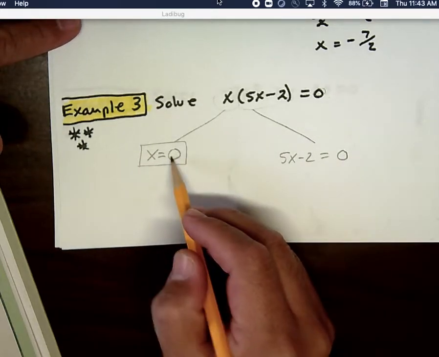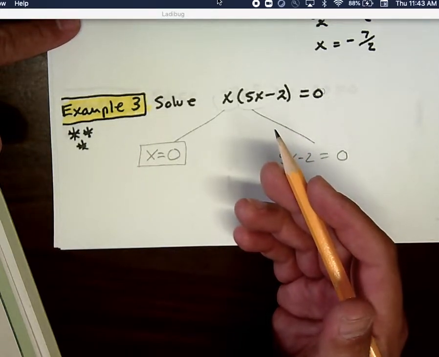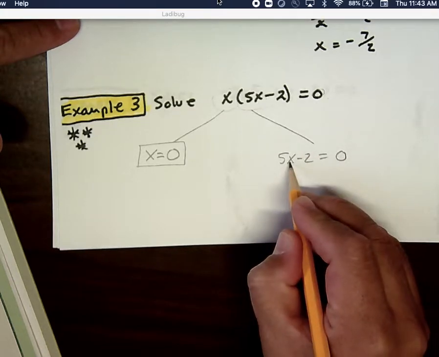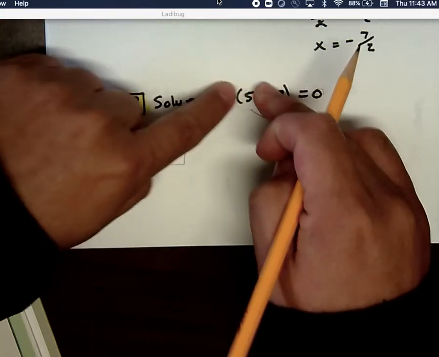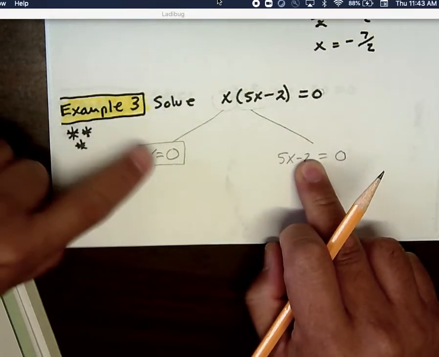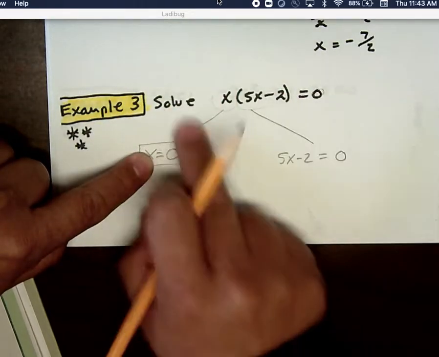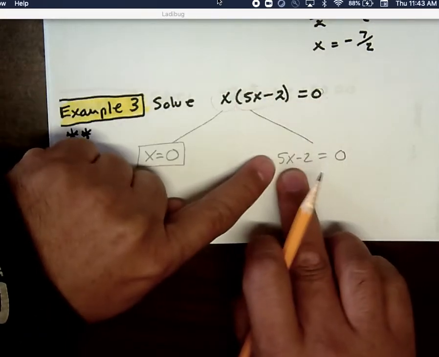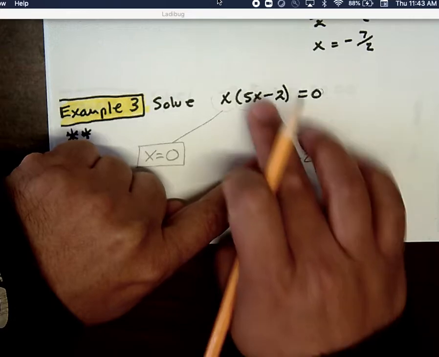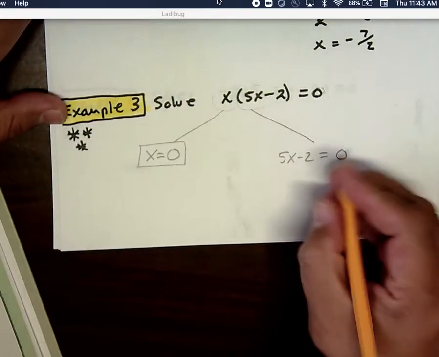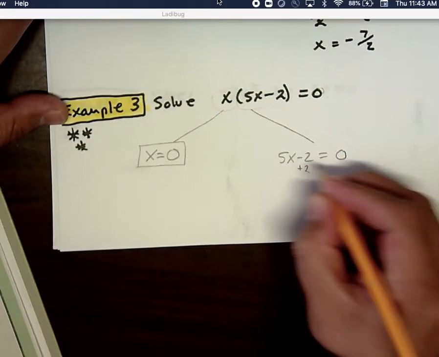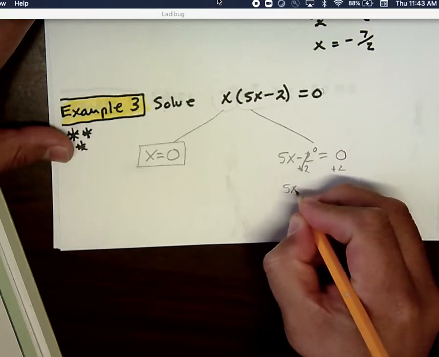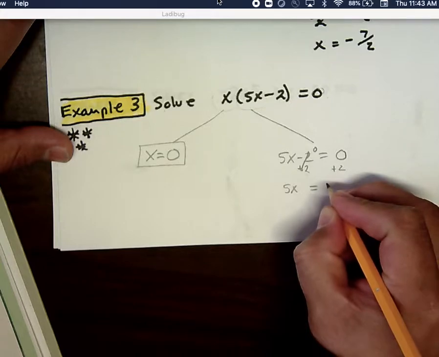So what does it mean? It touches the x-axis at 0. This one, you need to solve for x. So again, I separated these two factors. This one is already done because there's nothing that we need to solve for. It's just x equals 0. And that one has more things, has 2 terms, and we need to solve for x. So plus 2, remember the inverse. So this goes away, so you have 5x equals 2.